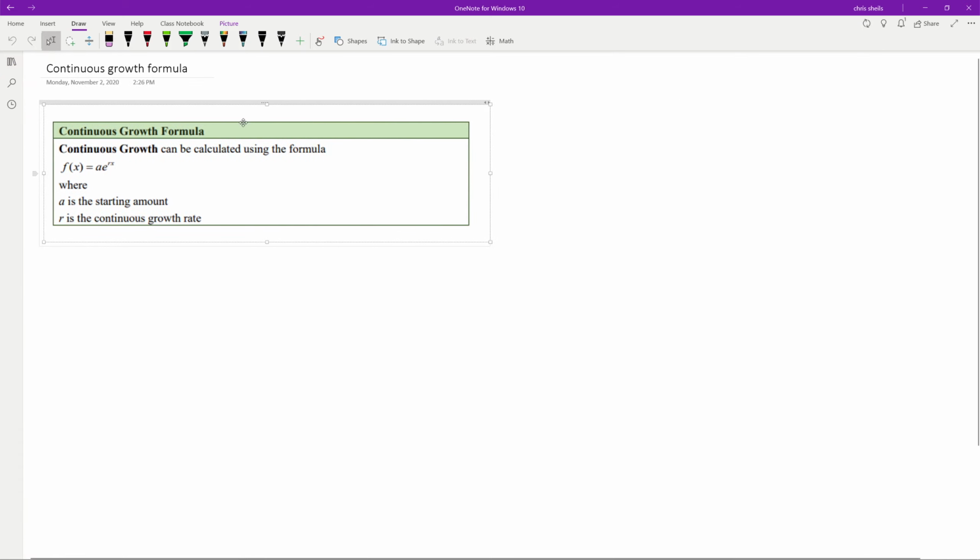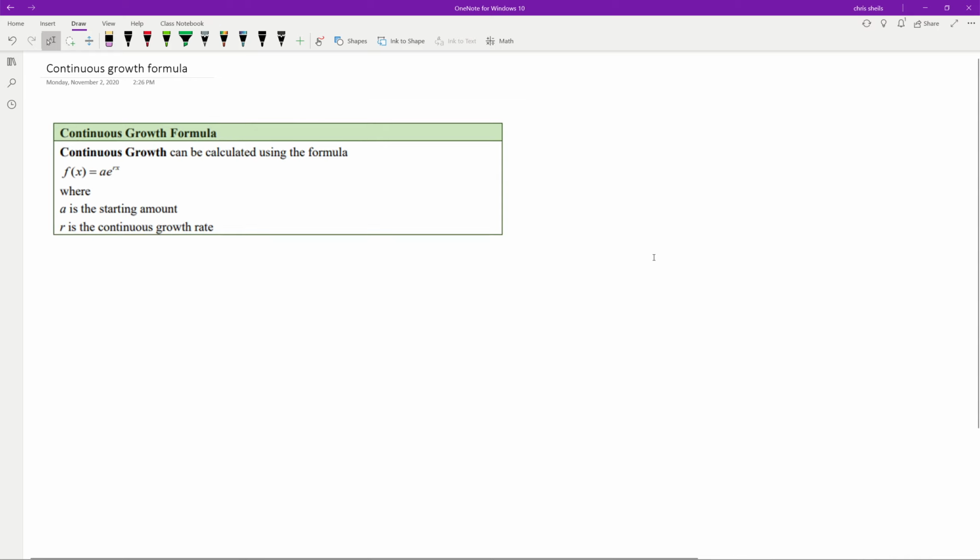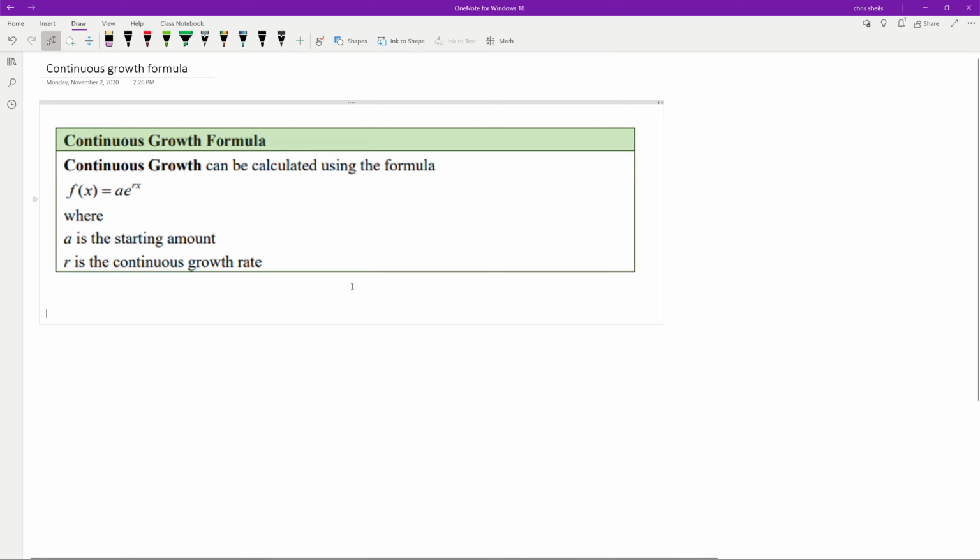And E is used in continuous growth rate. This is what happens as we just let the time between compounds become very, very small. So essentially at every single possible instant, we're compounding in continuous growth.